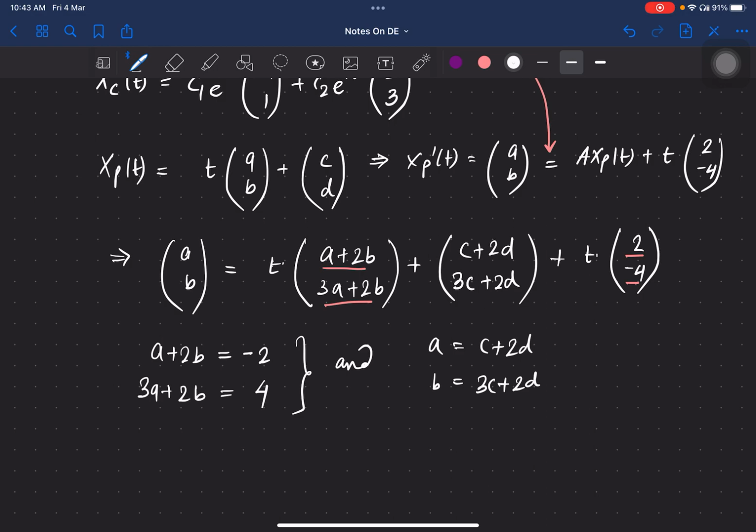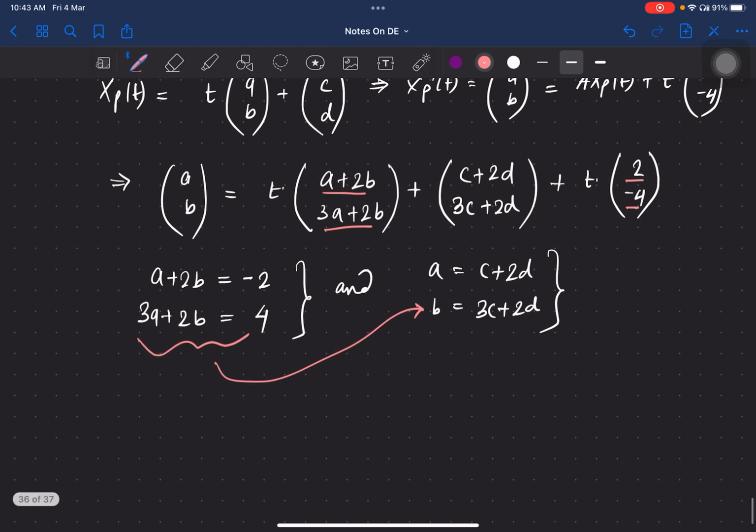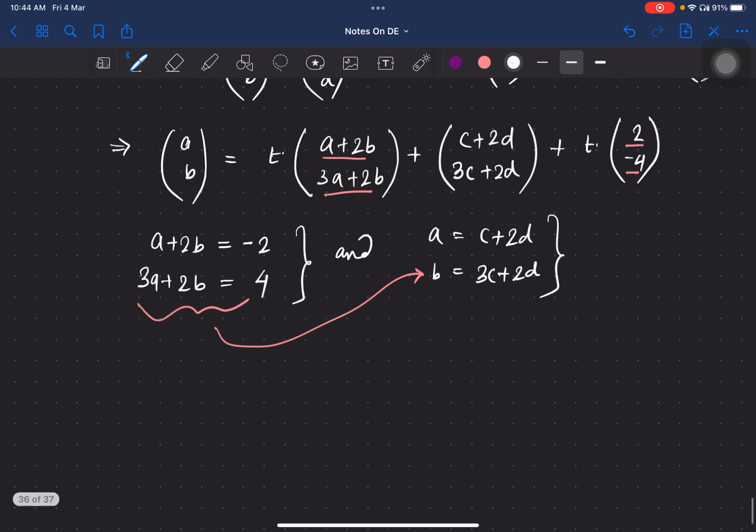So once we solve this system involving a and b, we put the values of a and b into this system and then solve for c and d. Okay. So once you solve it, you will get a equal to 3, b equal to minus 5 by 2, c equal to minus 11 by 4, and d equal to 23 by 8.